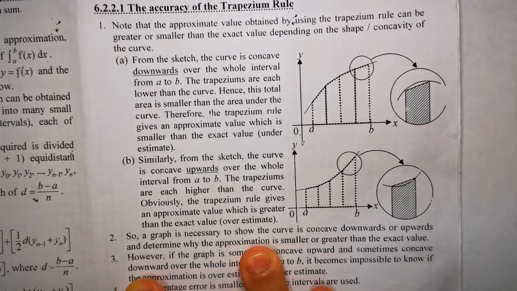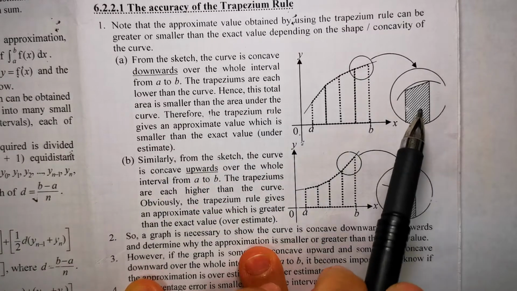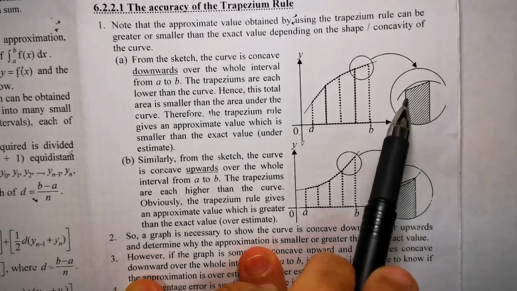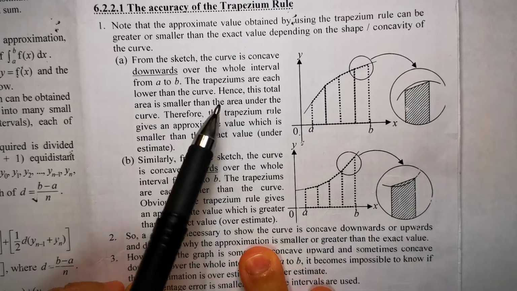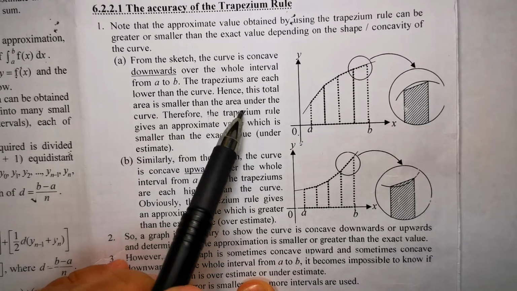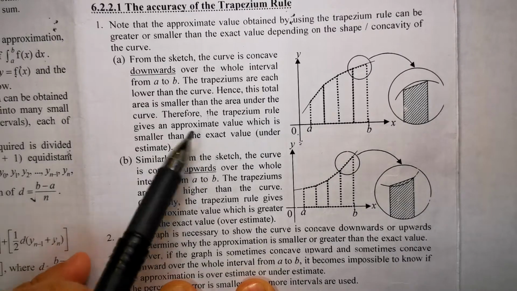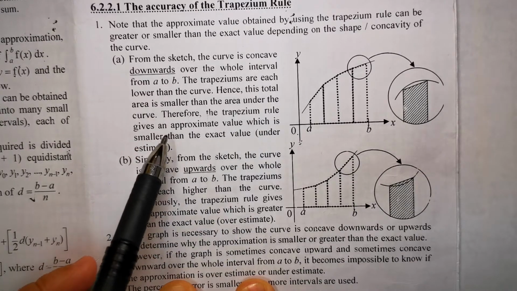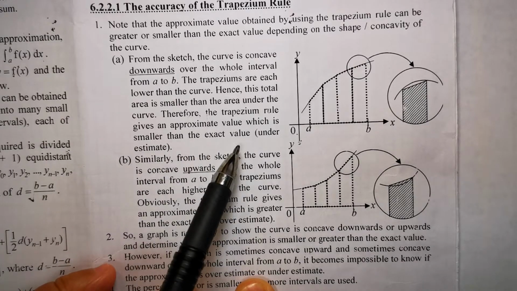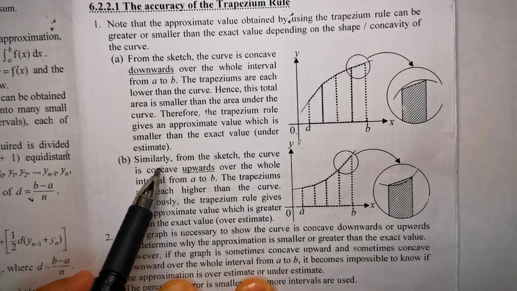So this is a condition. If the curve is concave downwards, then the trapeziums we draw and whose area we calculate will be less than the actual area. Hence this total area is smaller than the area under the curve. Therefore, the trapezium rule gives an approximate value which is smaller than the exact value, and we call it an underestimate.